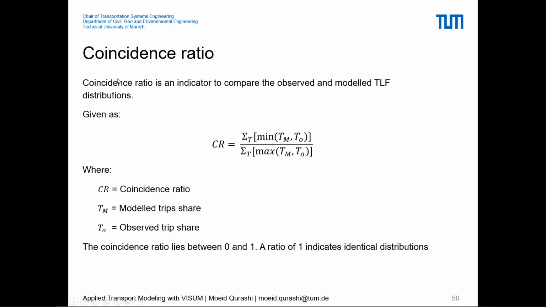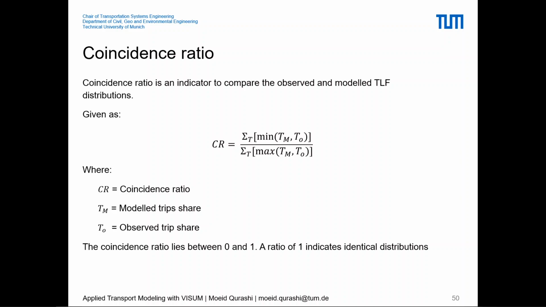Now, this confidence ratio, what is the confidence ratio? So first, let's go over a bit of its description. Confidence ratio is an indicator to compare the observed versus modeled TLF distribution. So TLFDs, so trip length frequency distributions.